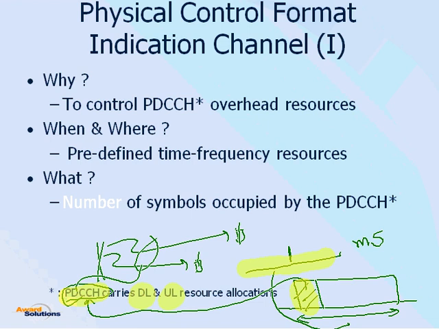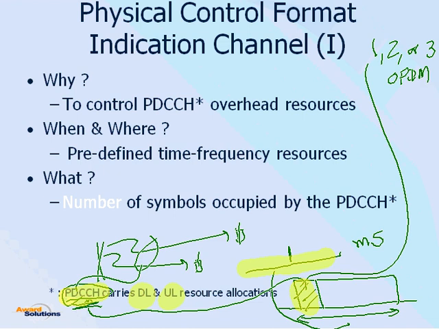Now the standard says that the control channel could occupy 1, 2, or 3 OFDM symbols inside every subframe, and the control channel will carry the allocation.